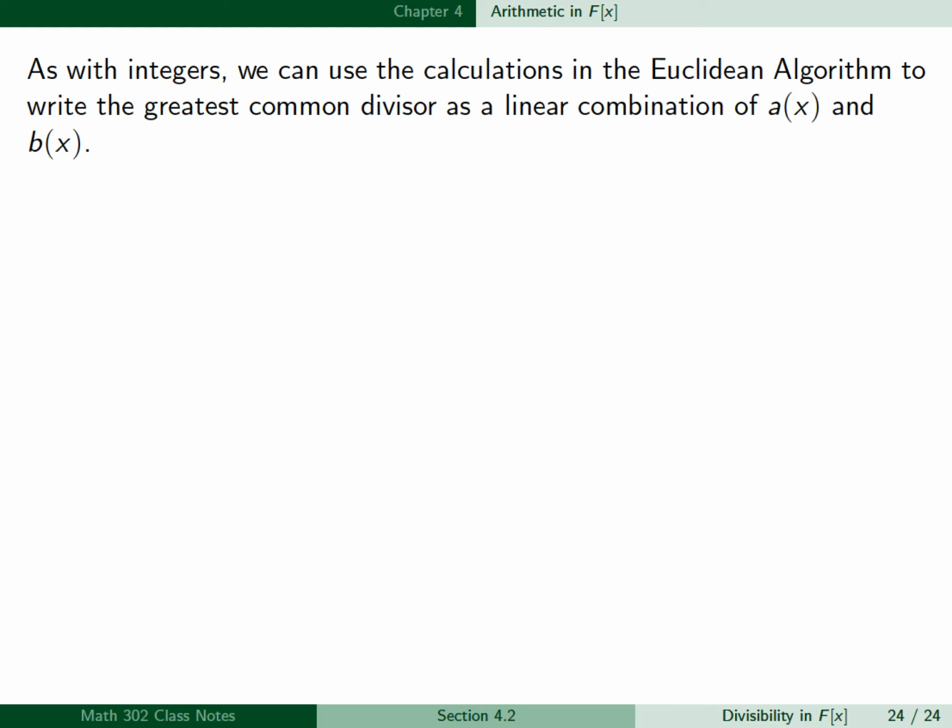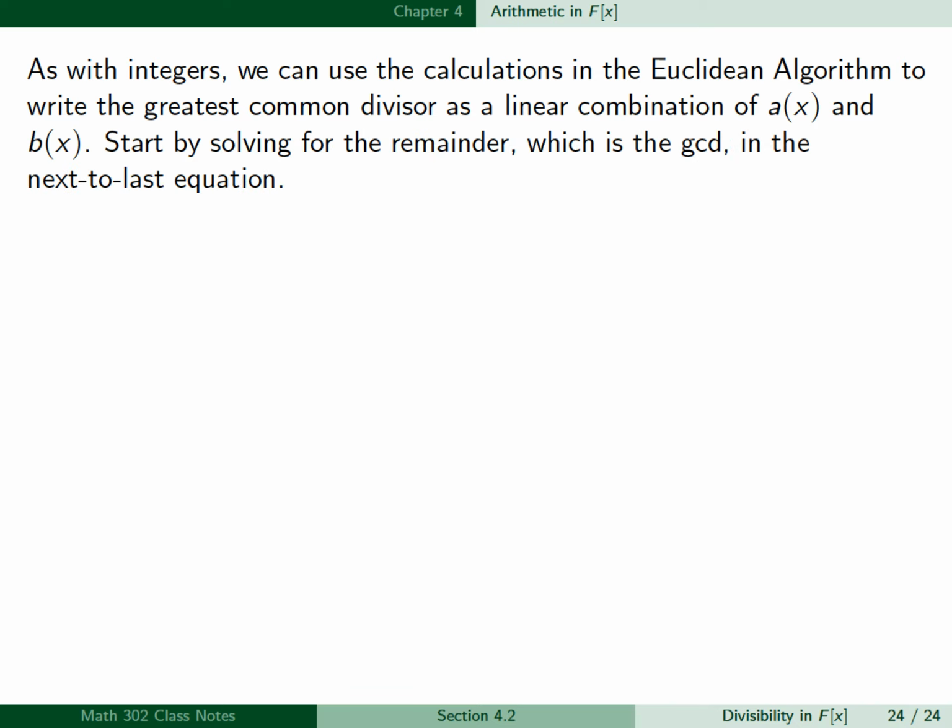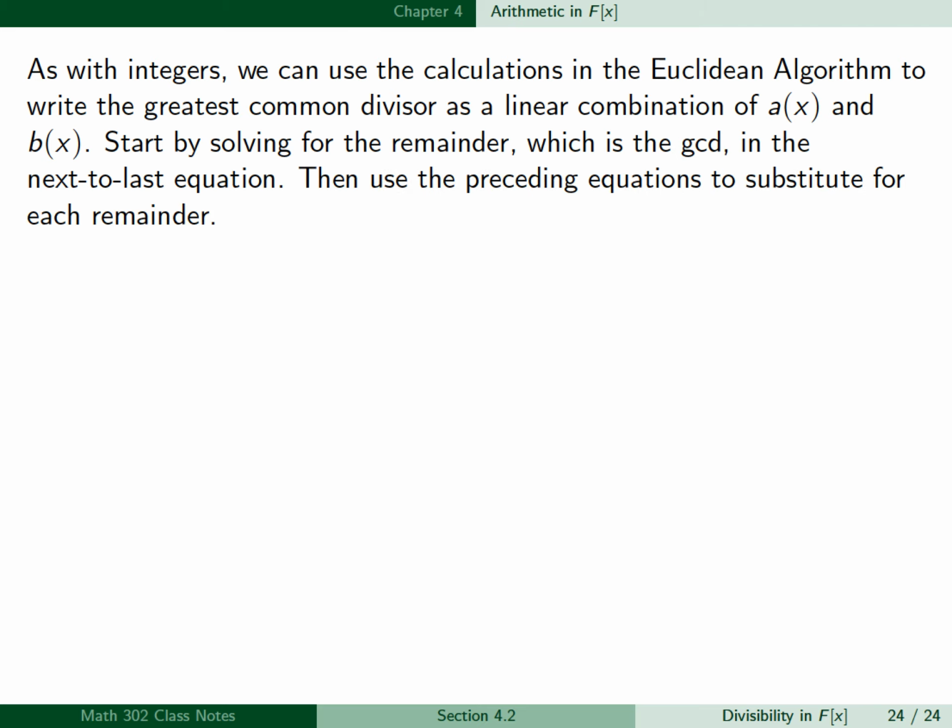Now, as with integers, we can use the calculations in the Euclidean algorithm to write the greatest common divisor as a linear combination of a of x and b of x. Start by solving for the remainder, which is the GCD, in the next to last equation. Then use the preceding equations to substitute for each remainder.